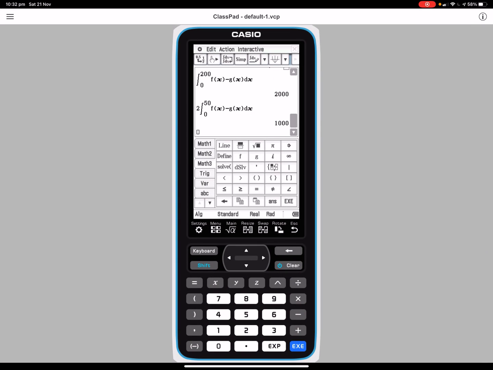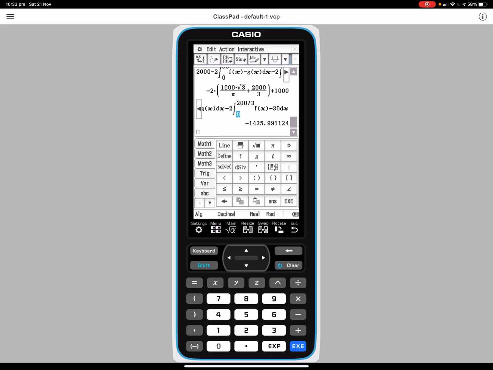So let's say 2,000 minus this, minus, it's effectively similar to that, but it's 200 on 3. And then f of x minus the graph of y equals 30. That's our exact answer. Now that doesn't look correct, does it?